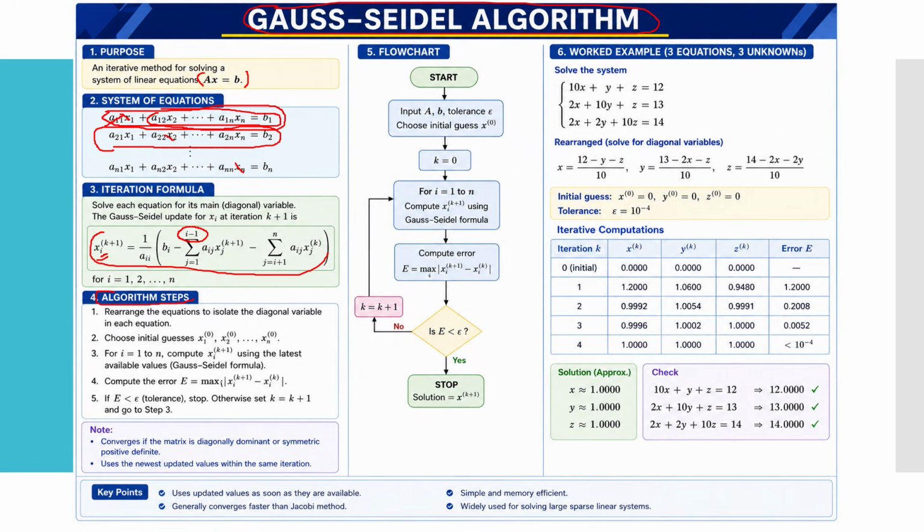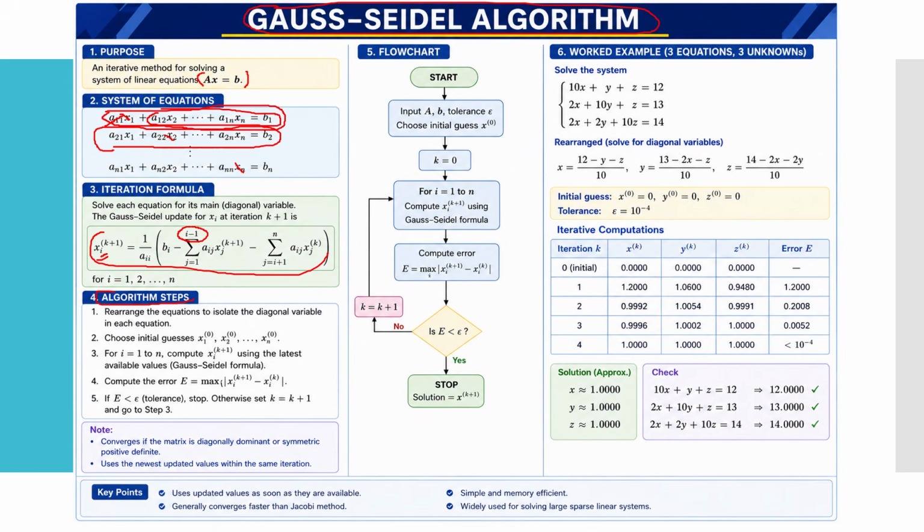So what we'll do is arrange that so that we can easily replace the variables. Then we'll choose an initial guess. For all variables, take an initial guess. For i from 1 to n, compute the next value using the latest values available. For example, if we start with iteration 0 with the initial guess, then we start calculating a new iteration. In the first iteration, we start from x1, then x2, up to xn.